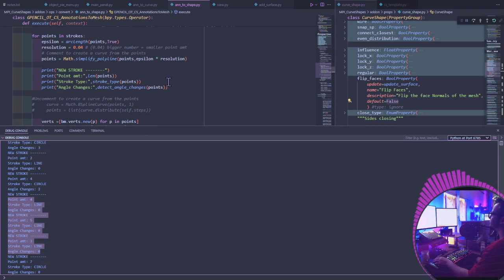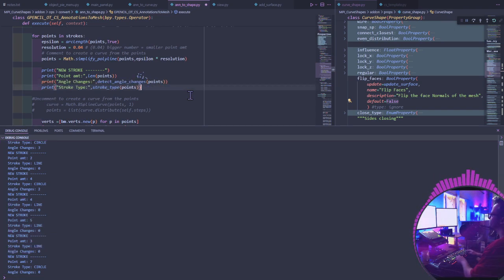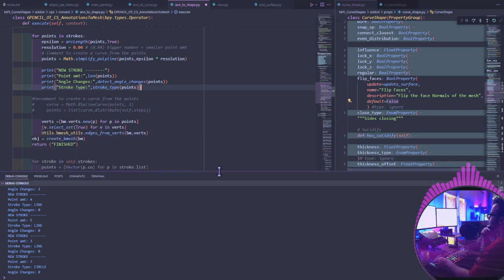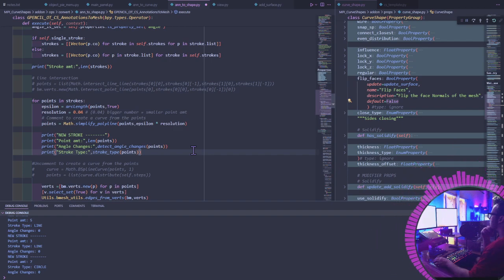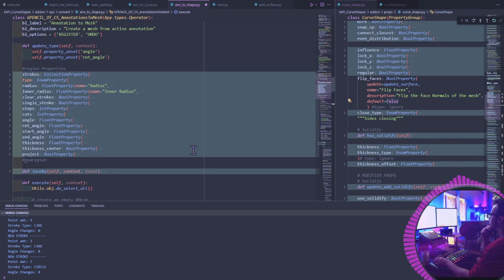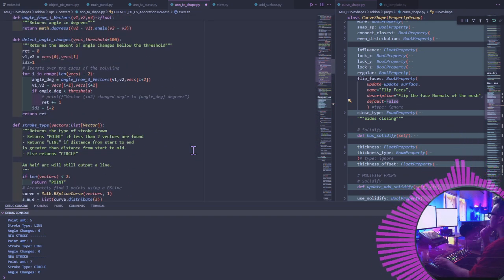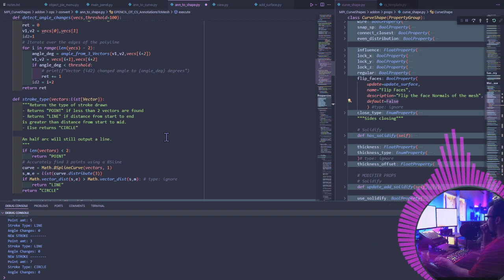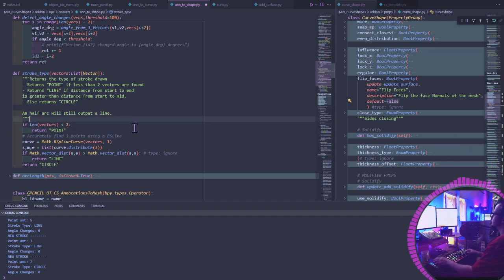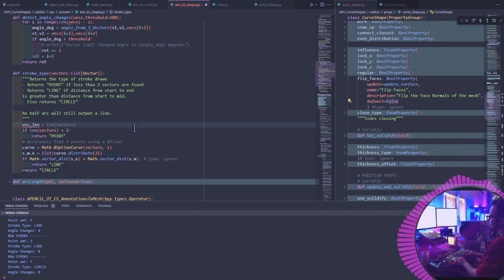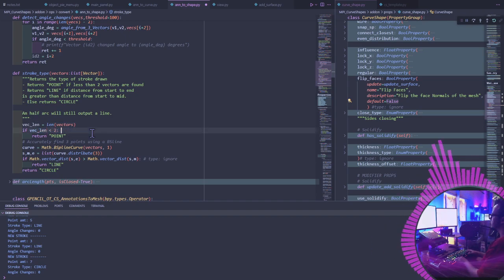Having that in mind, in fact, I'm going to change this stroke type to be something actually useful, so that we don't have to keep using the len function, because I have to ask more questions there.